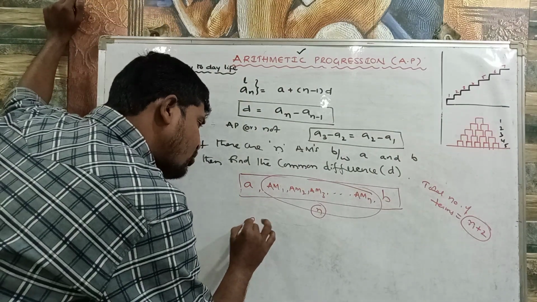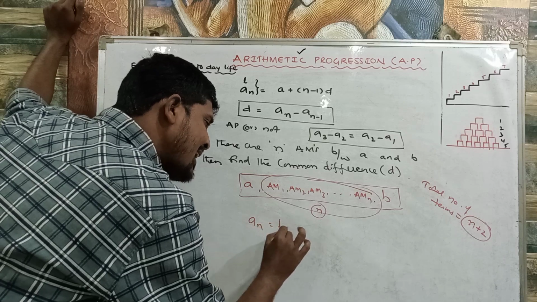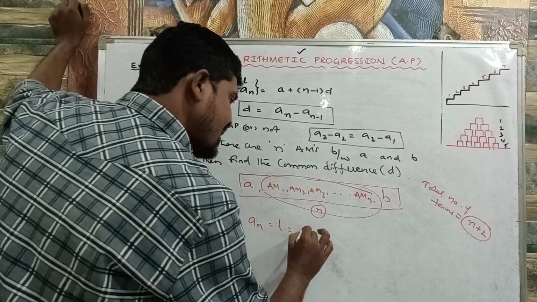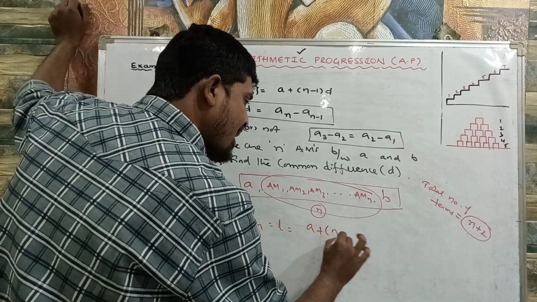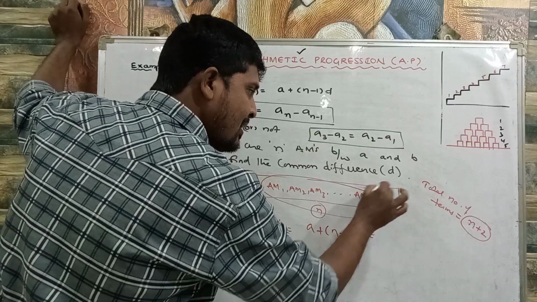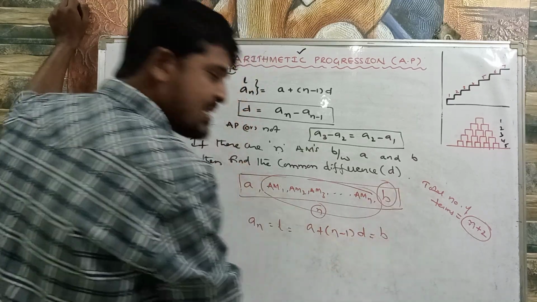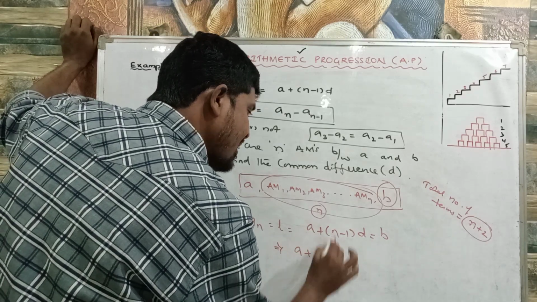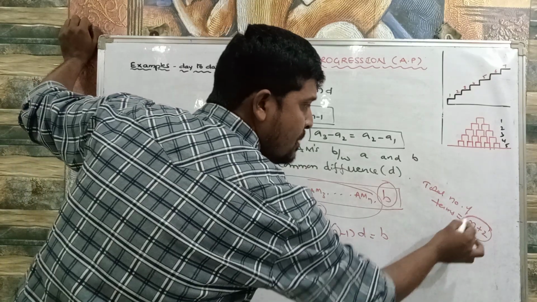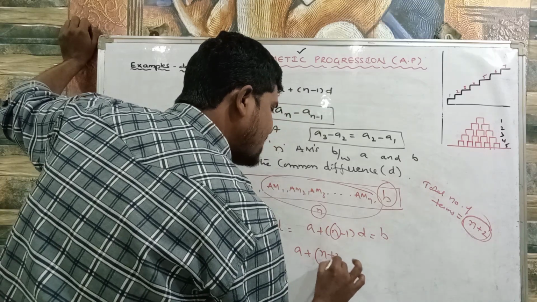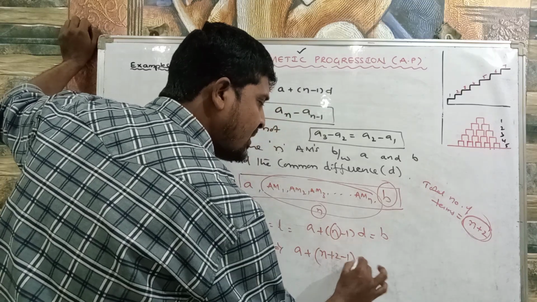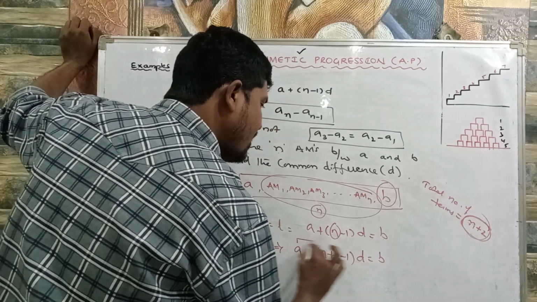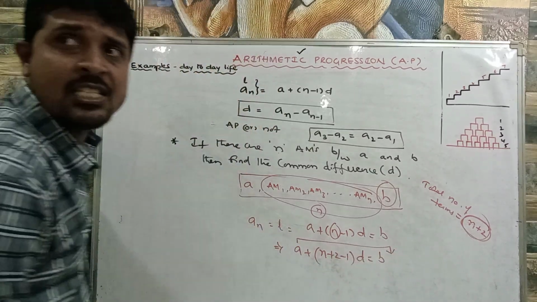Now, what is our formula to find a_n or even l? a plus (n minus 1) times d, and the last term is b. First term is a. Total number of terms is n plus 2, so I have written n plus 2 here, minus 1, times d is equal to b. The transposition of plus a is minus a.